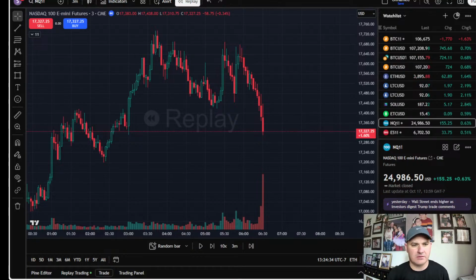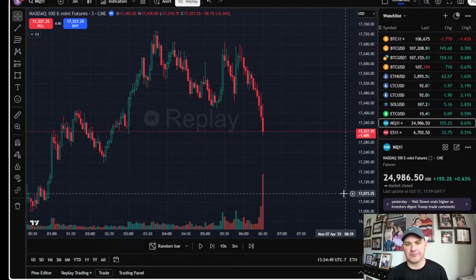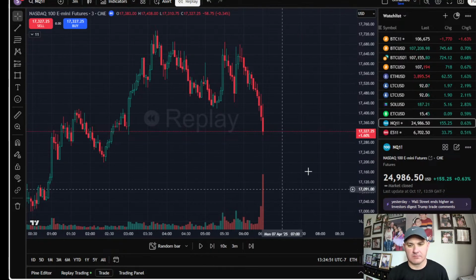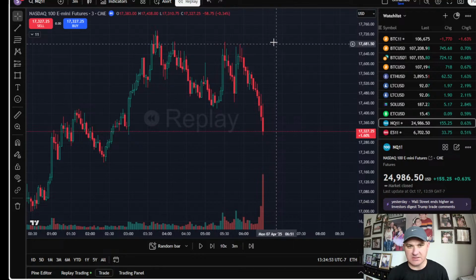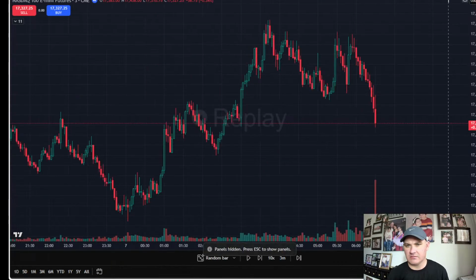Gonna run the back test here on NASDAQ 3-minute. Don't really need all these symbols to the right. That's probably better. Okay. Let me see how that looks.